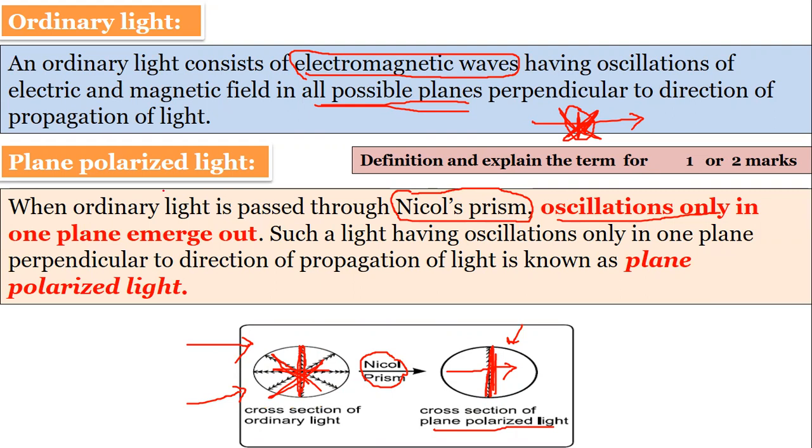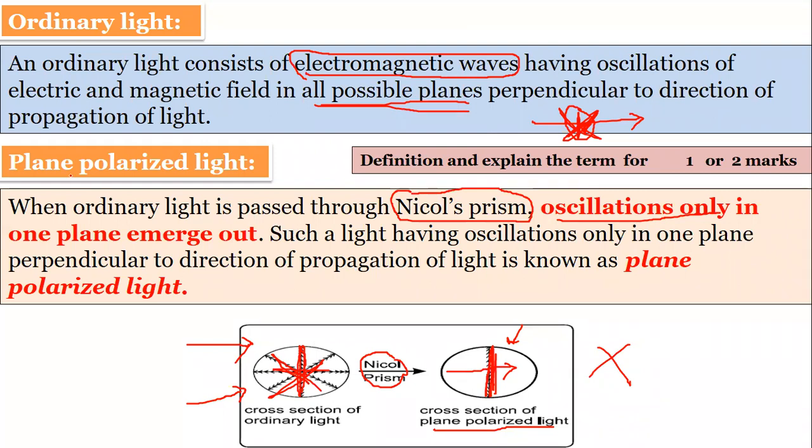Define plane polarized light. We have to write: when the ordinary light is passed through the Nicol prism, the light that emerges with oscillations in only one plane, perpendicular to the direction of propagation of light, is called plane polarized light. Do not draw this diagram; diagrams are not required for the definition.